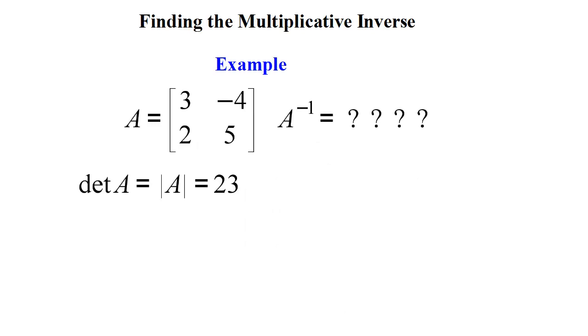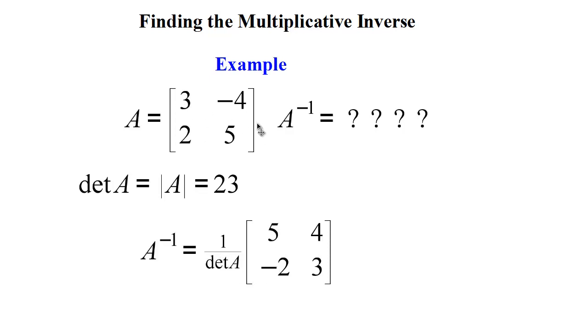So let's extend our example with matrix A, and let's say we wanted to find A inverse, the inverse of matrix A. We already know the determinant is 23. It's 3 times 5 minus 2 times negative 4. So the inverse of A is going to be 1 over the determinant of A times that special modified matrix where the main diagonal's elements are reversed and the opposite diagonal's elements have a negative sign in front of them.